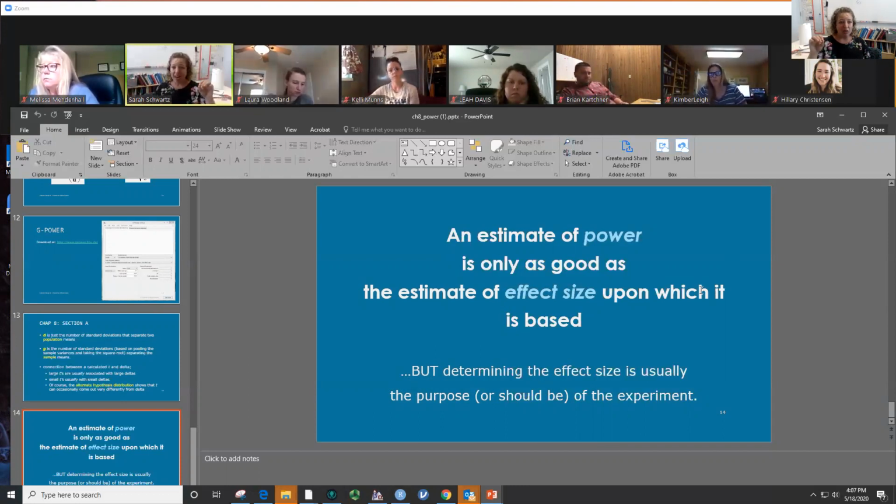When in doubt, this doesn't really work so well when you're doing a dissertation, but if you're going to be writing a big grant to a national organization, you're going to want to go get pilot data, a small set of data, to get an idea of what your effect size is going to be so that you have some evidence on which to base your power analysis. Now, for your dissertation, it's hard because you don't have time to do a pilot study and then do another study.